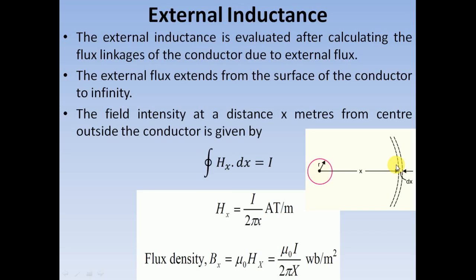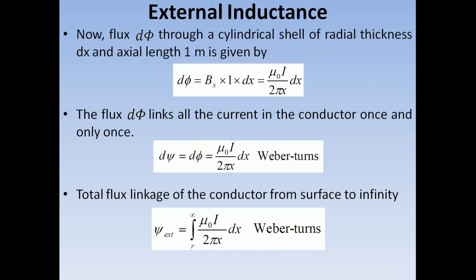So the flux used to link with only the current Ix of the conductor, whereas in the case of external flux linkage, the flux flowing through the cylindrical shell will link with the whole portion of the current which is flowing through the conductor, because this cylindrical shell encloses the complete current. Hope the concept of flux linkage in the case of internal flux as well as external flux is very clear for you.